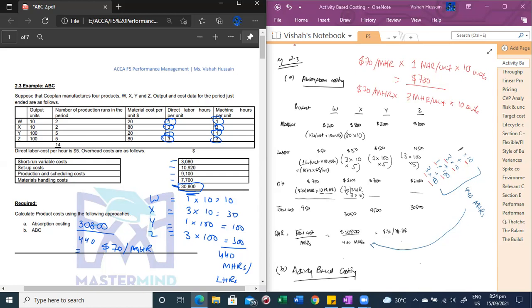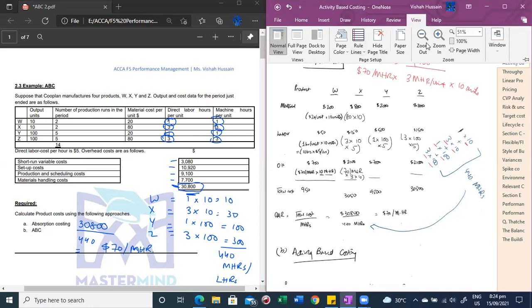Other than that, material and labor has a standard way of being computed. And in both the formats, material and labor will have the same answer. So once you have computed material and labor cost for absorption costing, you can just copy paste it down to activity-based costing as well to save your time. Because your paper will be based on Excel. So you can just copy paste or you can just select the cell and get your work done.